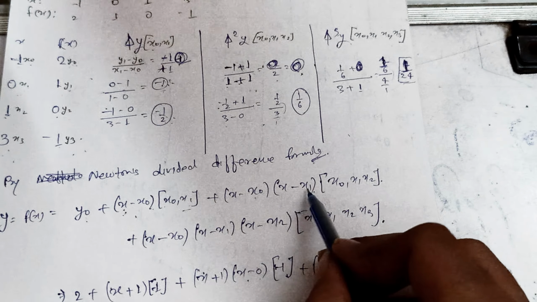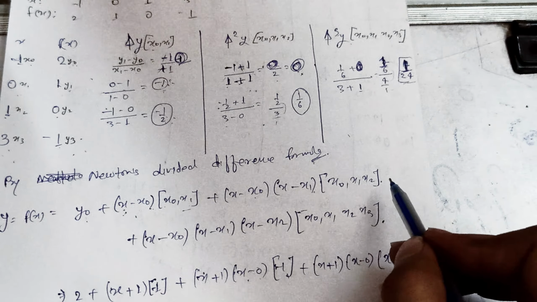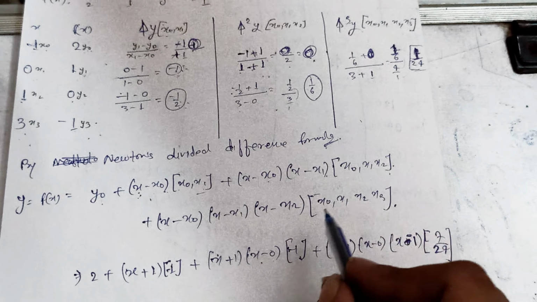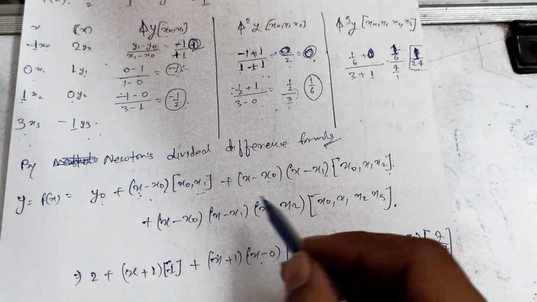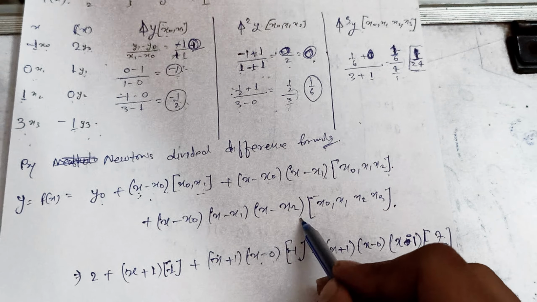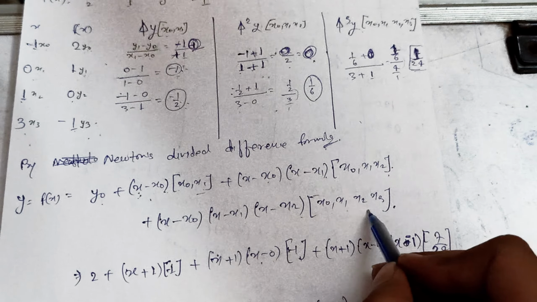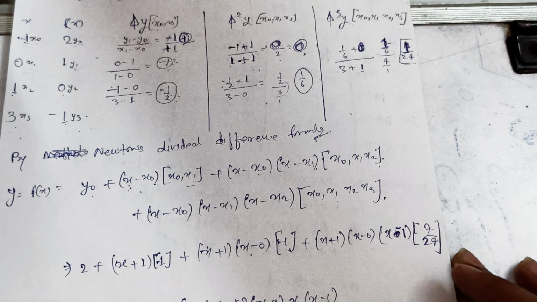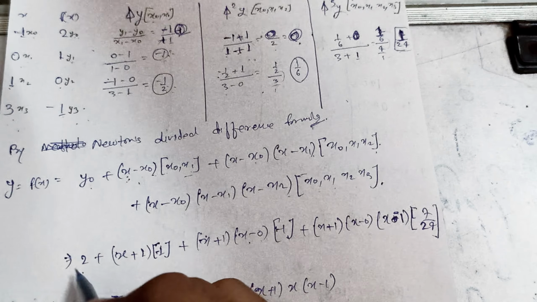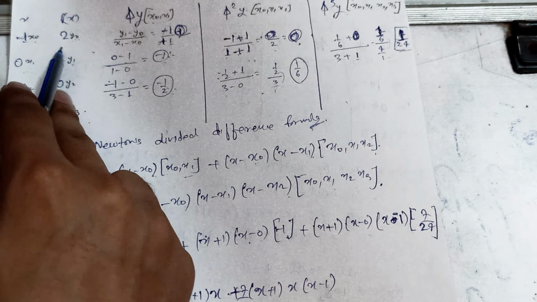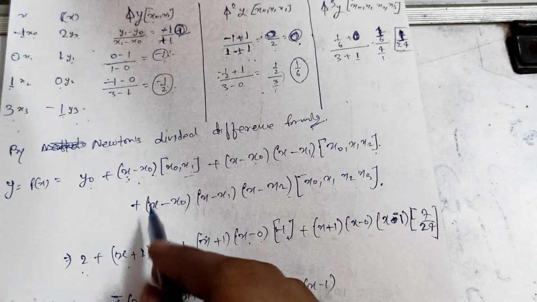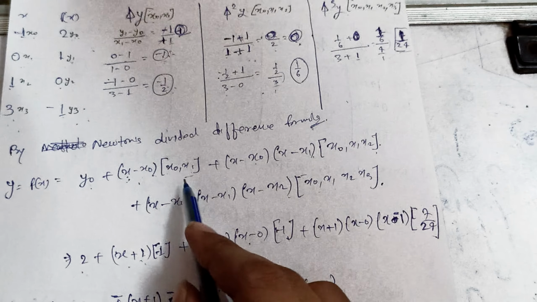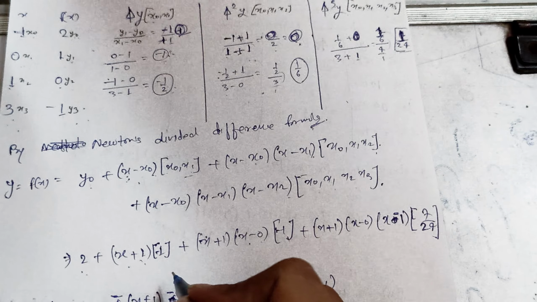Then we increase the other term after x1, that will be x2 here. Since there are only 4 terms, we are going to do this for 3 terms only. So x minus x naught, x minus x1, x minus x2, and x naught, x1, x2 and x3 here. Now we need to evaluate this. y naught here is 2, and x minus x naught is x minus minus 1, that will be plus, and the first difference we get is minus 1.